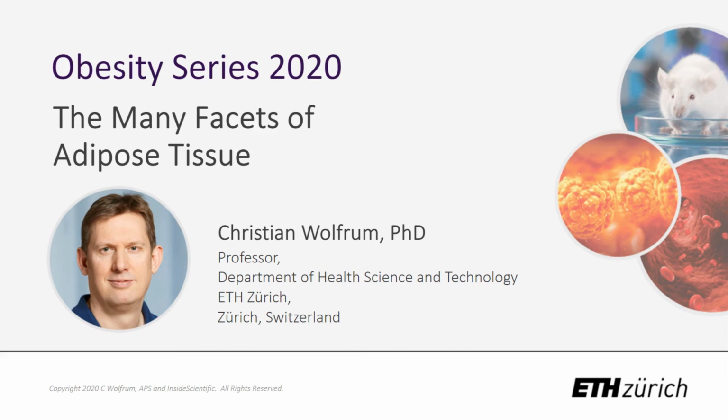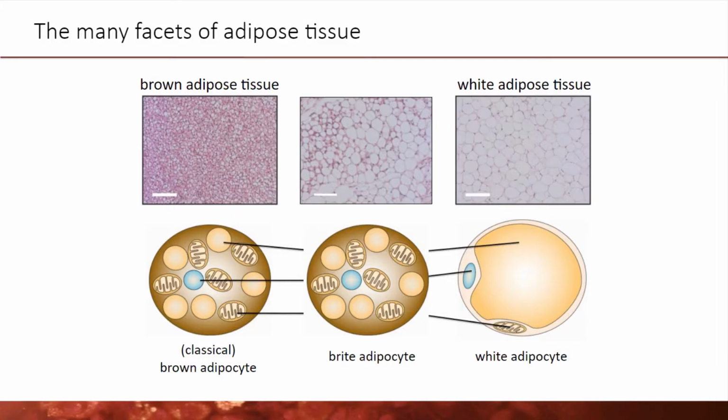So just since Camilla introduced everything so very nicely, I can keep this short, but maybe to remind you, since I'm also talking quite a bit about mouse work, we always in the brown adipose tissue field distinguish different types of brown adipocytes or brown-like adipocytes. So we have the classical brown adipose tissue, which is located in the neck region of the mouse, and which you can see on the left side of the slide, which is a very dense tissue with small lipid droplets and lots of mitochondria.